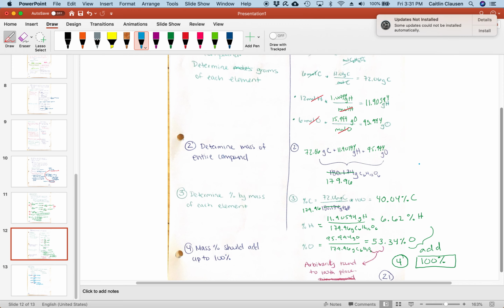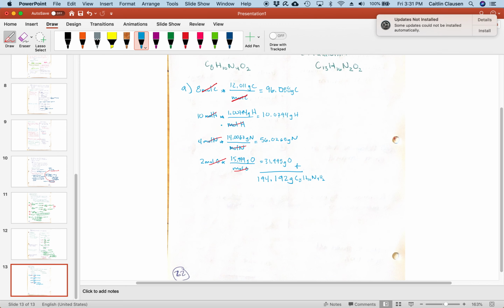So now we have the molar mass of the whole compound, and I'm going to take each one of these and divide it by it. So for carbon, I take 12.011 grams of carbon divided by the molar mass.